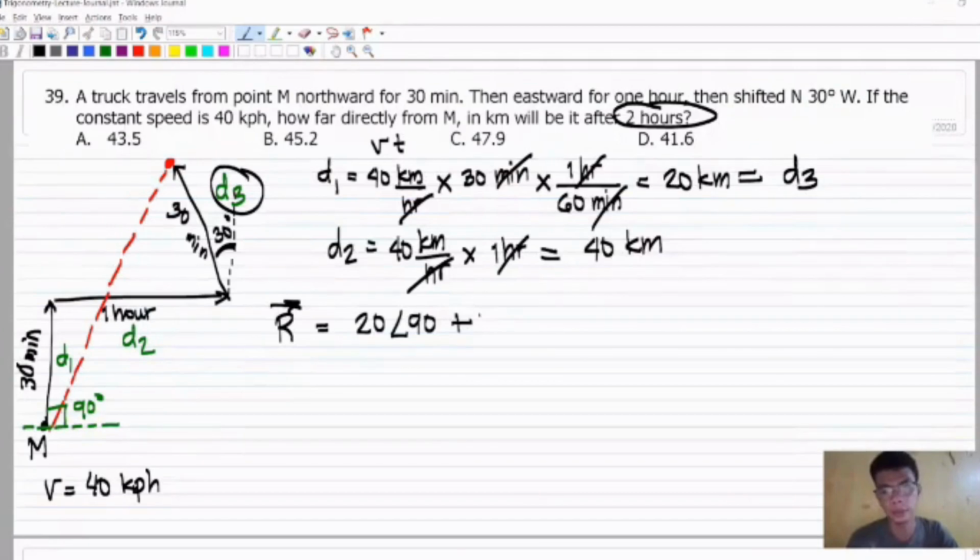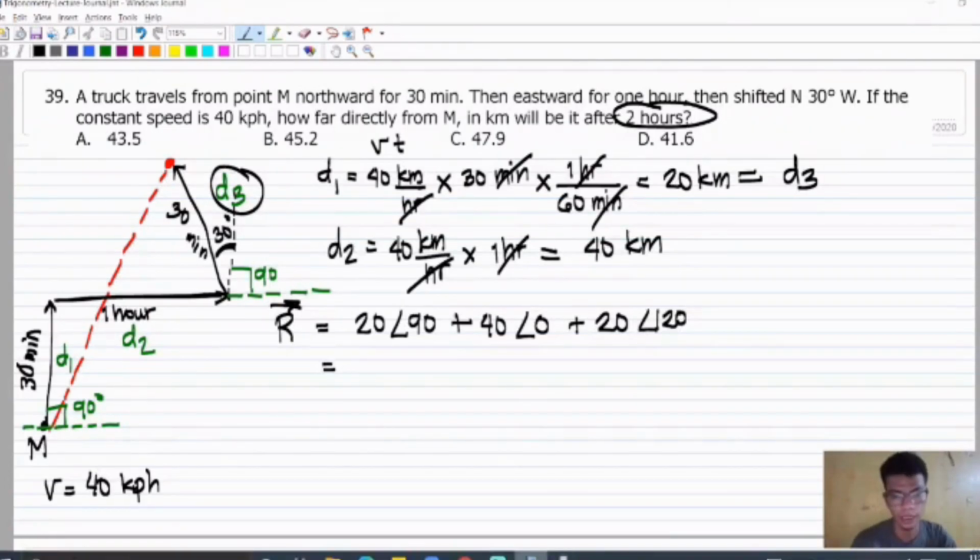Next, the magnitude of D2 is 40 and the angle is 0 dahil horizontal line siya papunta sa right. Next, the magnitude of D3 is 20 and from the reference line, which is ito, so mayroong 90 dito, madadagdag natin yung 30 degrees, kaya ang angle natin is 120.